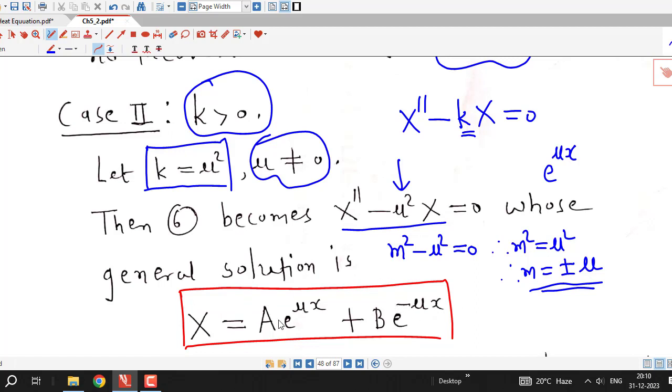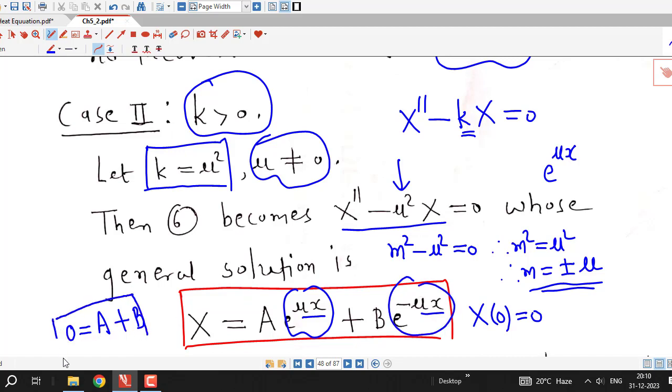And again, to find a and b, we will use these two boundary conditions. X of 0 equal to 0, that means when small x equal to 0, capital X is 0. So if I take small x equal to 0, I will have 0 equal to a into e raised to 0, which is 1, plus b into e raised to 0, that is 1. So I will have a plus b equal to 0.